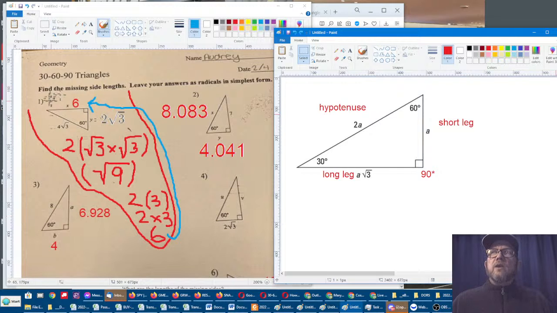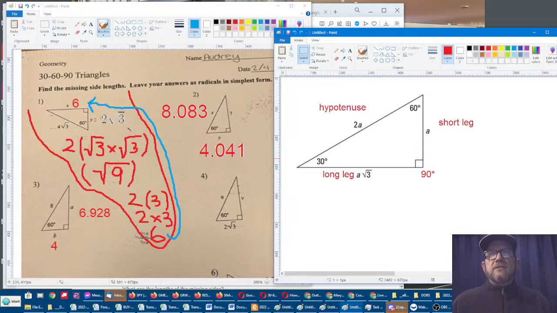I just noticed something. Remember, let's go back to number 1. Remember what happened? The 4 is the hypotenuse, which is double your short leg. So this one here is the same as the short leg. So really that's your answer right here.